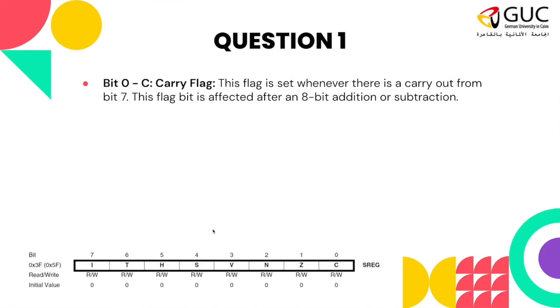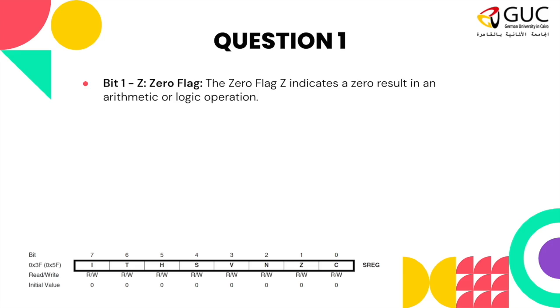Let's move back to our slides. We have here bit 0, then we'll return to bit 1, but let's start with bit 1 first. Bit 1 is the 0 flag, and it is exactly the same concept of the 0 flag in the MIPS processor.